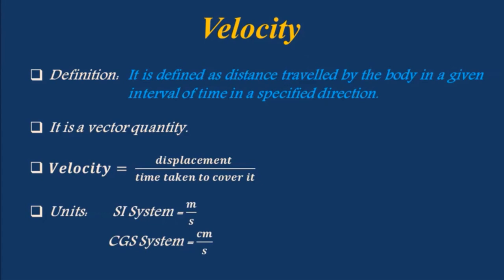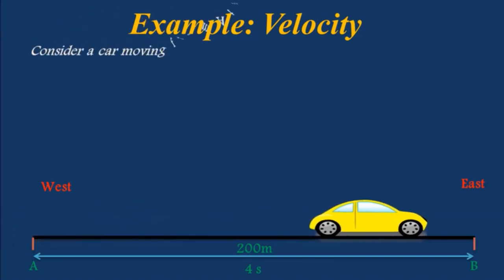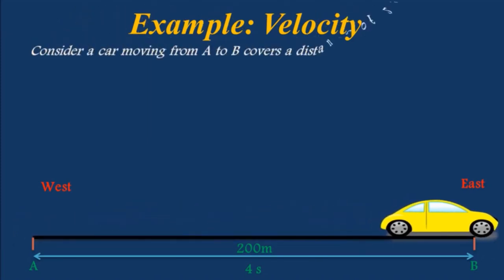Now let us see the example. If a car is moving from A to B in the direction west to east, covers a distance of 200 meters in 4 seconds from west to east. The direction is given.